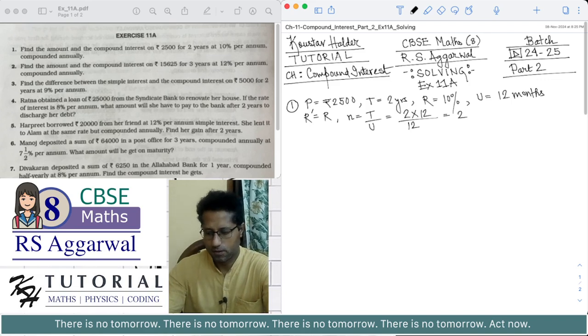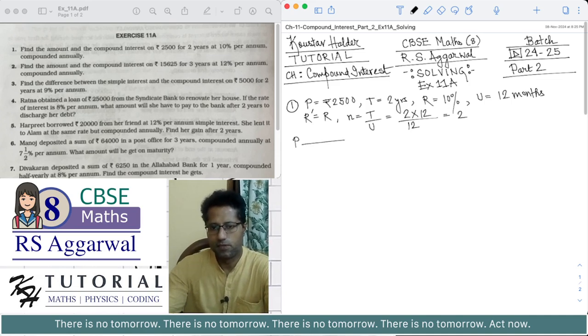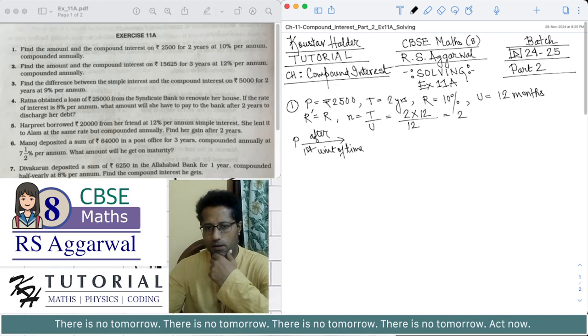I will use the diagram to visually understand how the interest is being calculated. So we have to find the amount and the compound interest. We start from the original principal, which is P, and after the first unit of time. Now remember that the interest is calculated at the end of every unit of time.